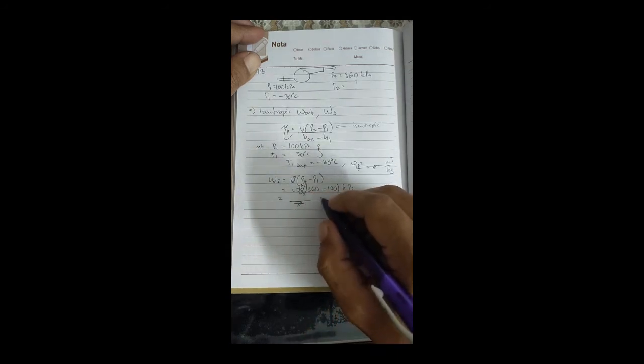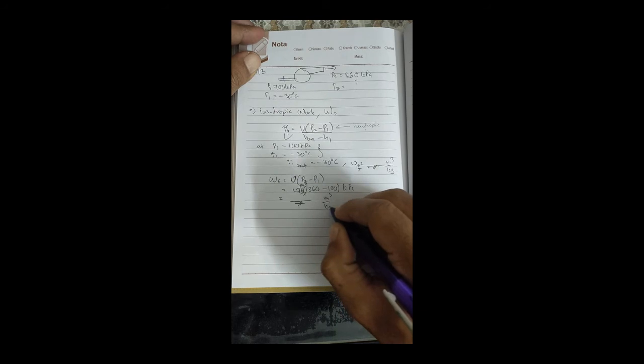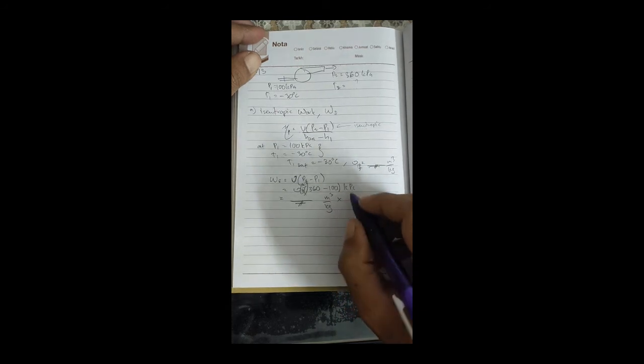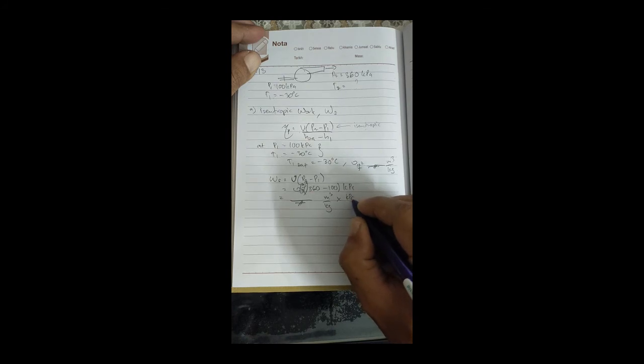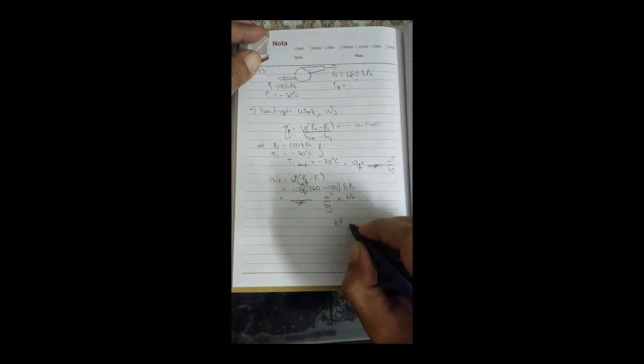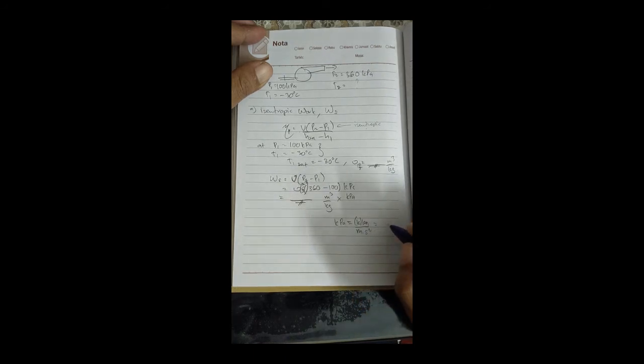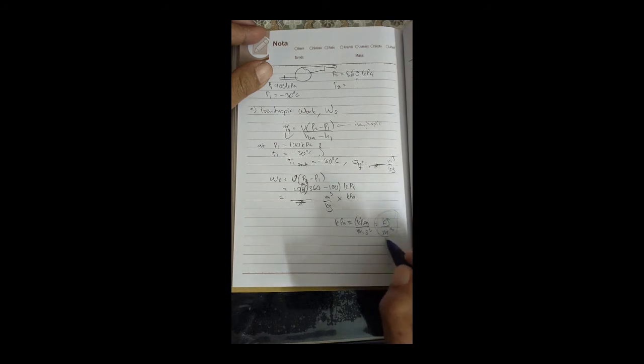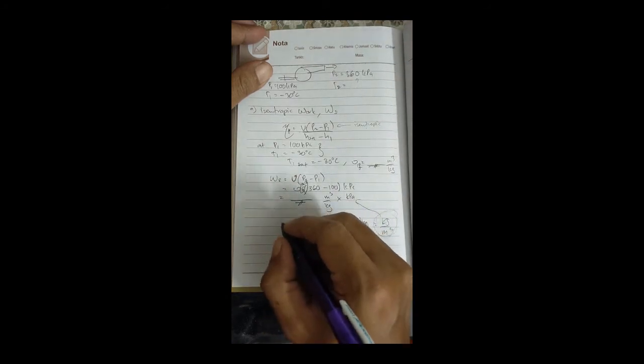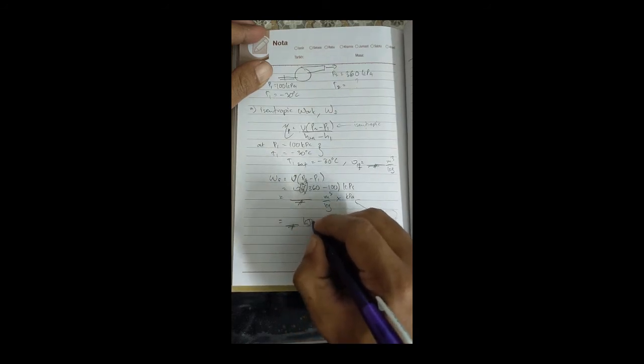Bear in mind you have meter cubed per kg times kPa. kPa is equal to kg per meter second squared, which is also equal to kilojoule per meter cubed. So substituting, the answer is in kilojoule per kg.